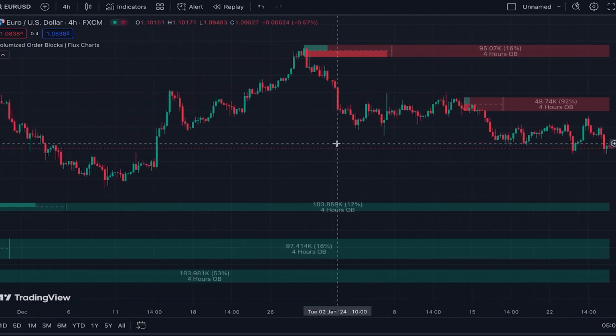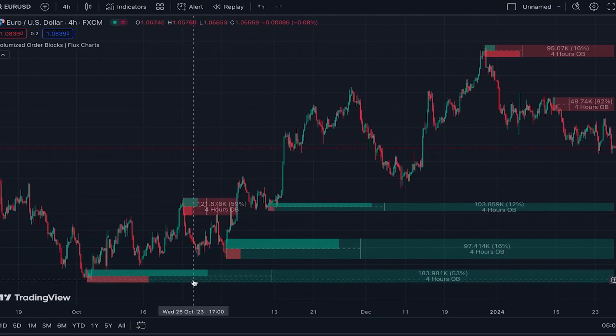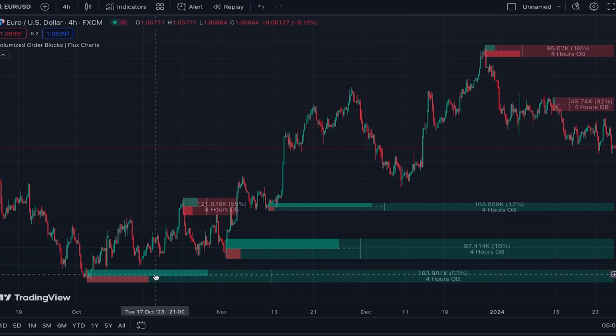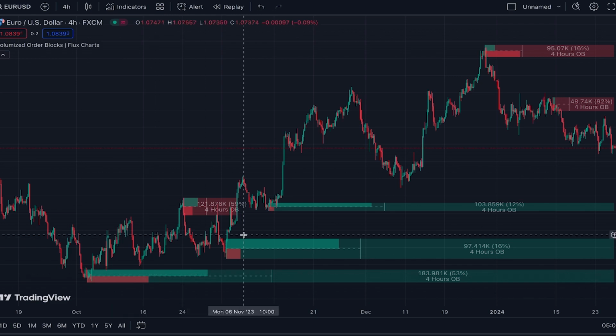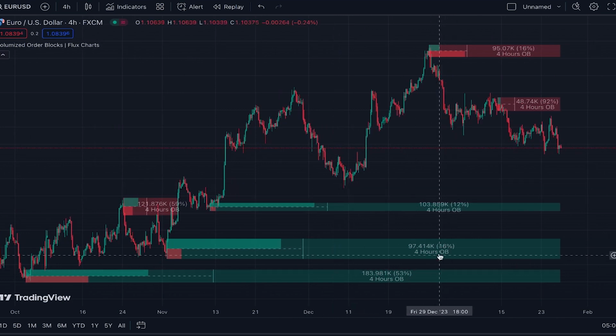Or for another example, if we compare these two bullish order blocks here, for this one the ratio is approximately 50%, but for this one and also this one, we have considerably higher bullish volume. So this order block or this order block compared to this one is stronger and more significant. This indicator, with this innovative method and by providing detailed information about order blocks, effectively helps you to evaluate the strength of order blocks.